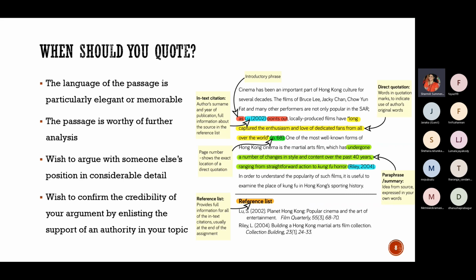In these situations you can quote. Whenever you are writing, keep in mind not to forget to cite when paraphrasing and summarizing.